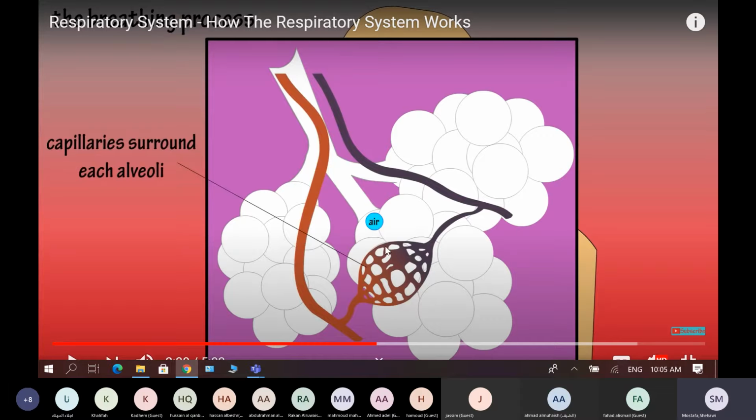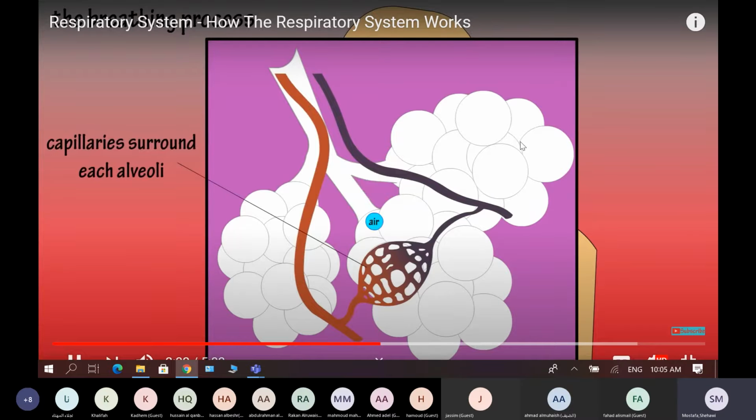The pulmonary artery pumps the blood from the heart, which is deoxygenated, to reach the alveoli here. In the alveoli, the gas exchange will occur. It will give off the carbon dioxide and take up oxygen. And by this, it will be oxygenated. Then it will be carried through this blood vessel, which will be called the pulmonary vein, that will enter the heart through the left atrium, if you remember that.